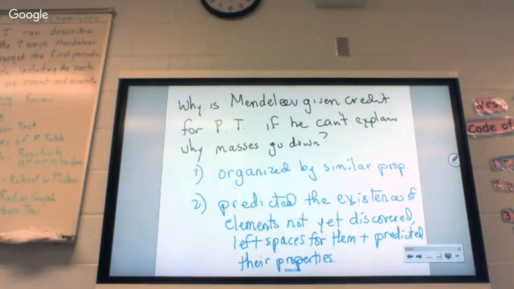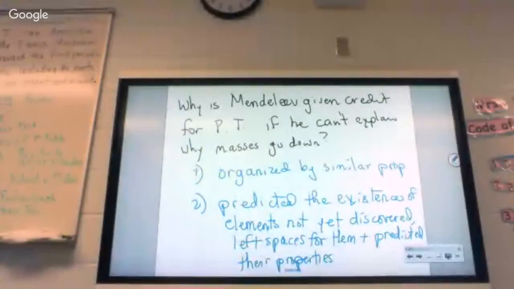Most of the elements that have been discovered at this point came from radioactive elements that produce radioactive isotopes. So they're all created in the lab. But a lot of them are lab based.